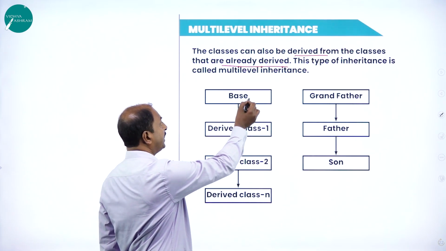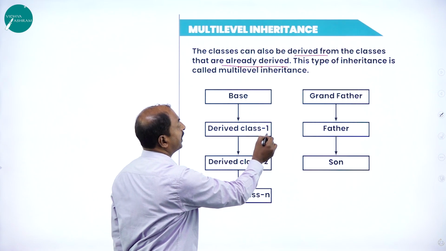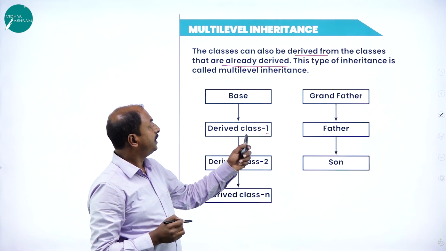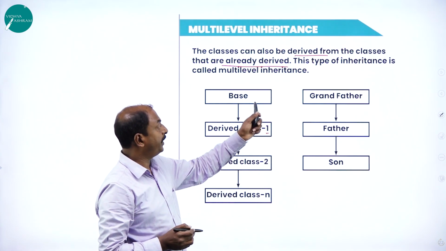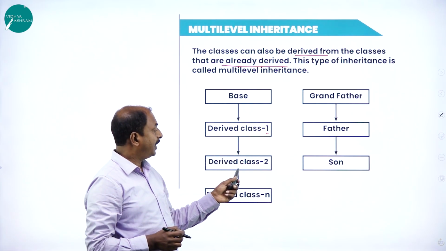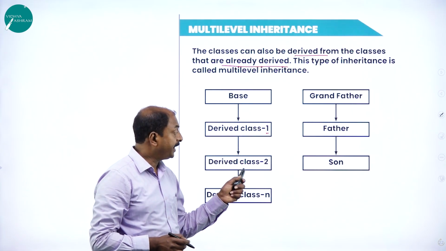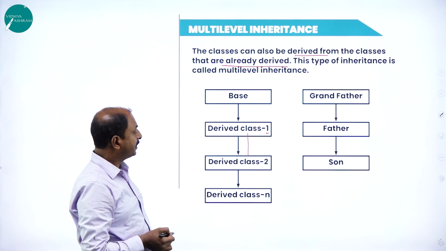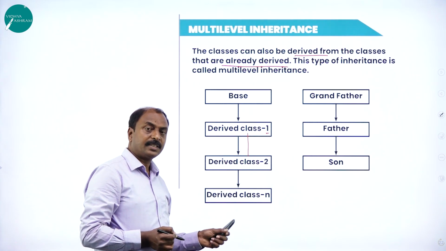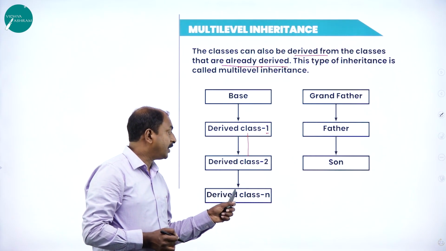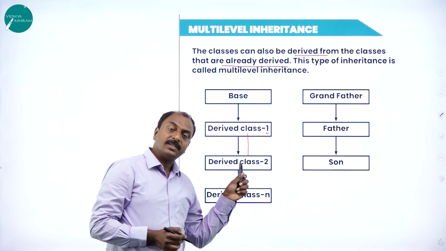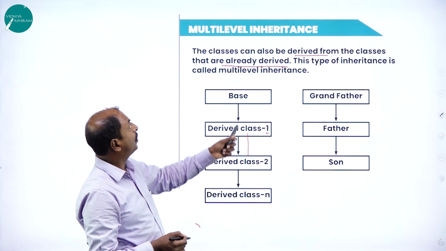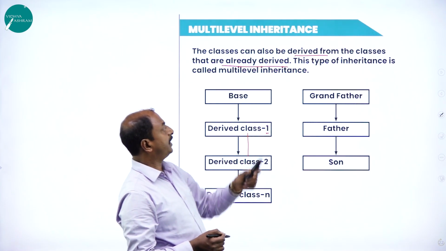This is the base class and this is the derived class 1. So this one class is derived from this base class, and this is another derived class and it is derived from the previous derived class. And again, if there are number of classes, so it is derived from the already derived class or previous classes, it is called multi-level inheritance.